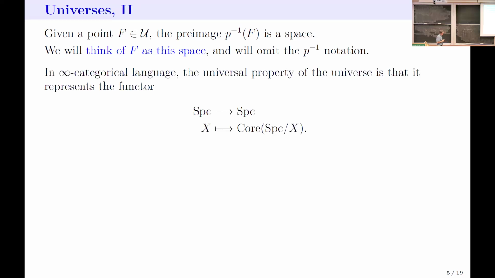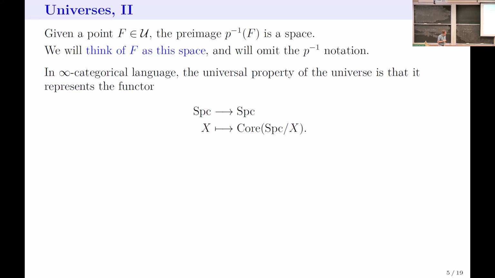Okay. So next I'm going to say a little bit more about another way to understand the universal property of a universe. First, I'm going to give you this way that's expressed in infinity category language, and then I'm going to write it in a way that's a bit more down to earth. So one way to say the property the universe has is that it's a representing object for a certain functor from spaces to spaces.